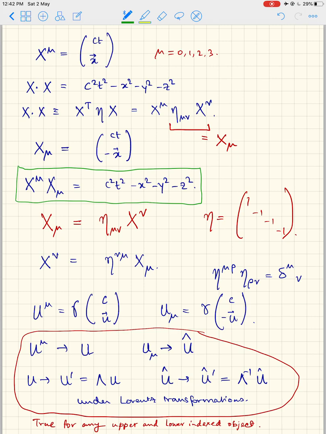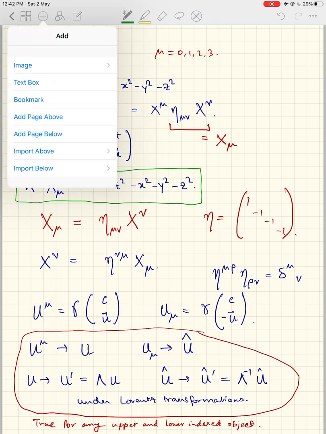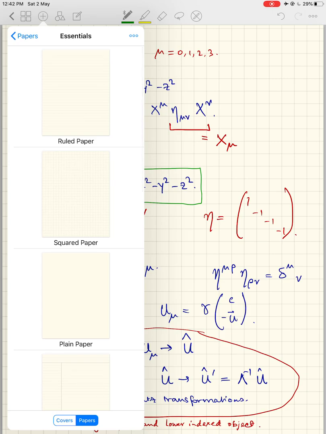So let's just try and work this out a bit. Let me put another page in between for you guys to see. So x mu upstairs and x mu downstairs is what?